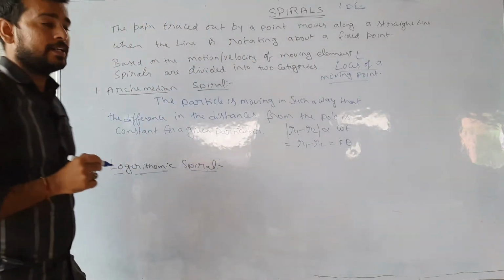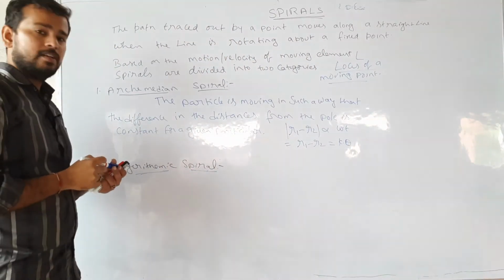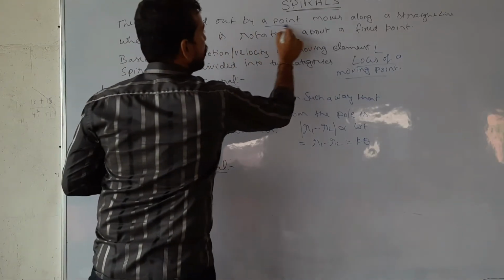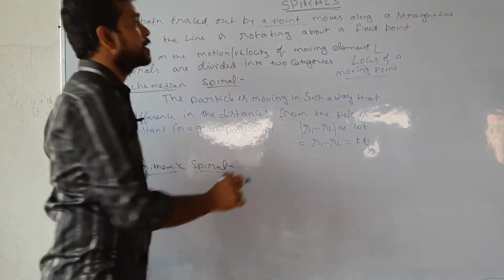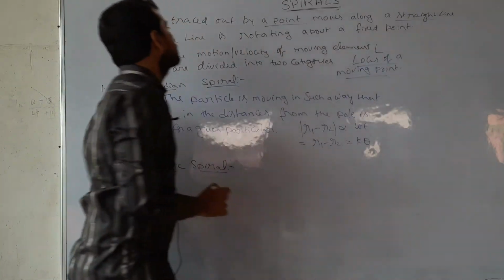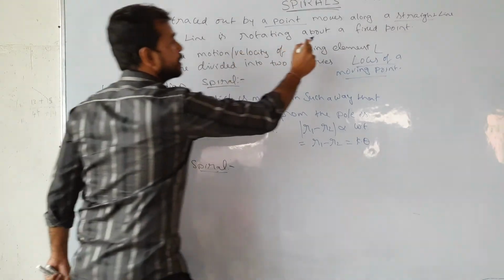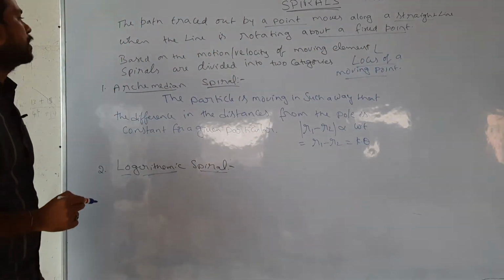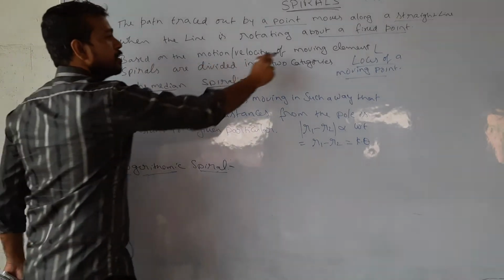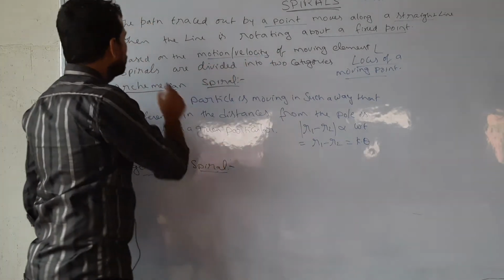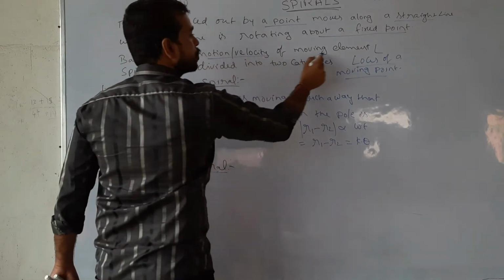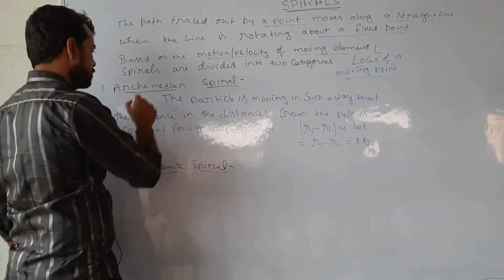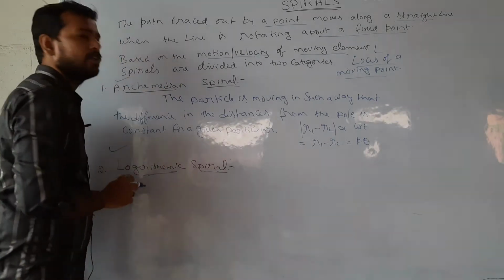But we should learn it in a specific way: it is the path traced out by a point that moves along a straight line when the line is rotating about a fixed point, and based upon the velocity or the motion of the moving element, spirals are divided into two categories. One is Archimedean and the other is the logarithmic spiral.